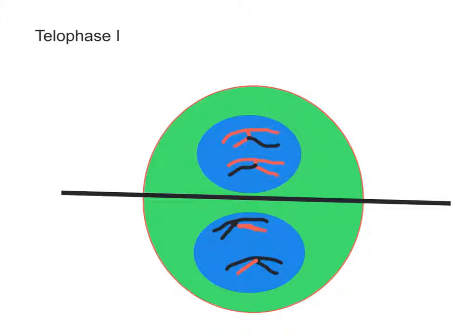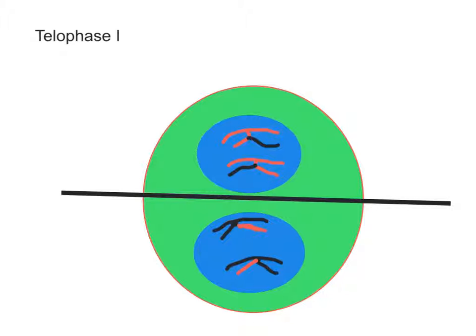While the homologous pairs are being pulled to opposite ends of the cell, one chromosome from each pair is actually pulled to each side, and this disjunction is the main cause for the number of chromosomes to be halved.